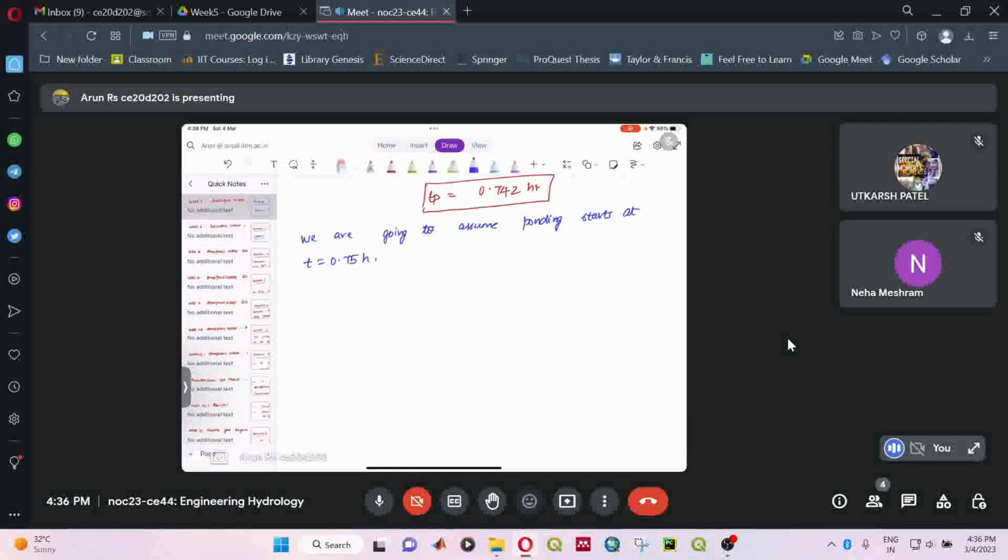Now the ponding has occurred. So after ponding, we are going to estimate the cumulative infiltration depth.